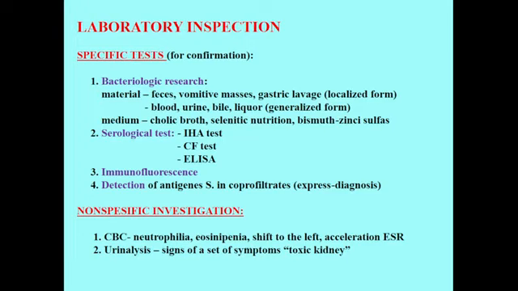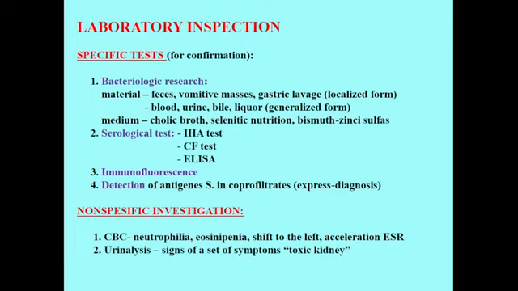Laboratory inspection. Specific test for confirmation. In the first place, bacteriologic research. It's bacteriological culture of feces, vomiting masses, gastric lavage in localized form; blood, urine, bile, and liquor may be taken in generalized form. So if a person has gastroenteritis, there is no way to take his liquor or blood.